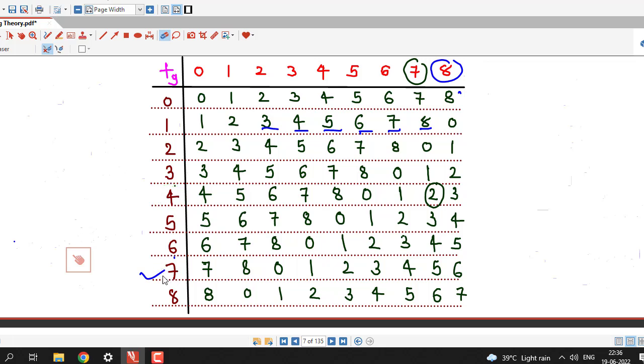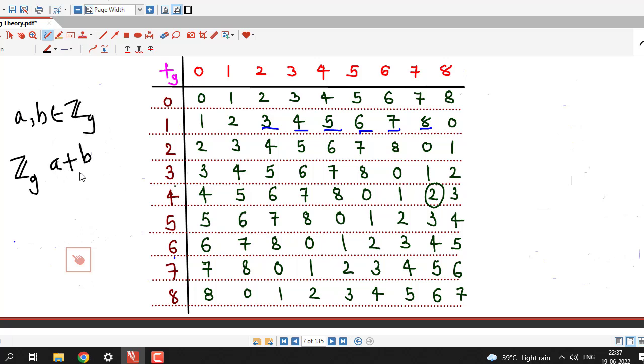We can see all the entries in the table are elements of Z9. If we take any entry in the table, it belongs to Z9. So if we take any two elements of Z9, then A plus B modulo 9 is also in Z9. Therefore closure property is satisfied.